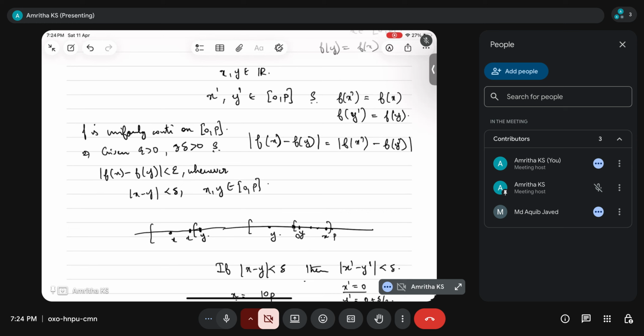The period is p, so f(x plus p) equals f(x). Okay.